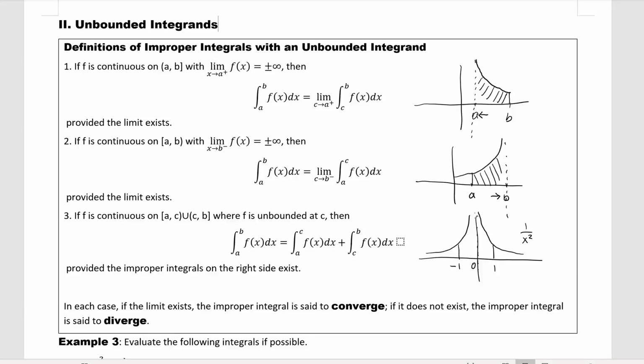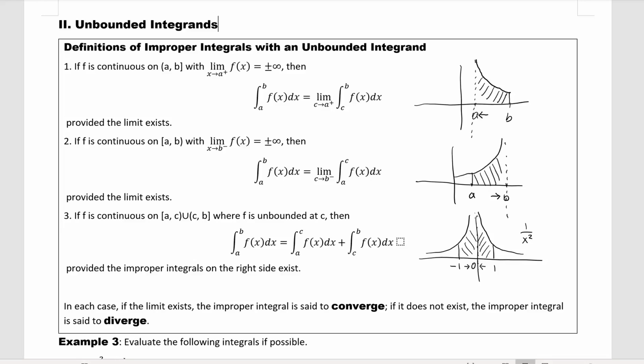So what we can do is divide it into two sub-intervals. Here we have this integral from minus 1 to 0, and this integral from 0 to 1. On the left piece, 0 is the improper value, so we're approaching 0 from the left. And on the second integral, we are approaching 0 from the right.